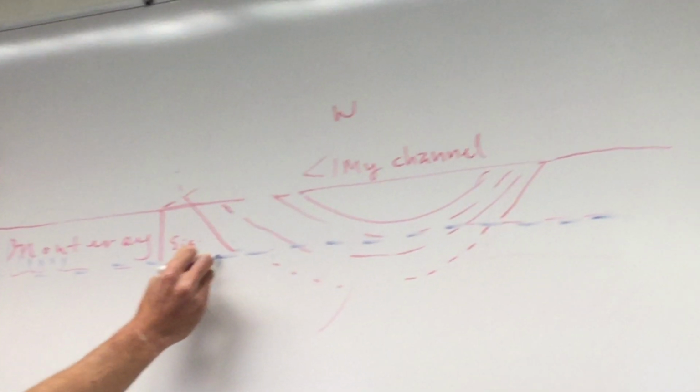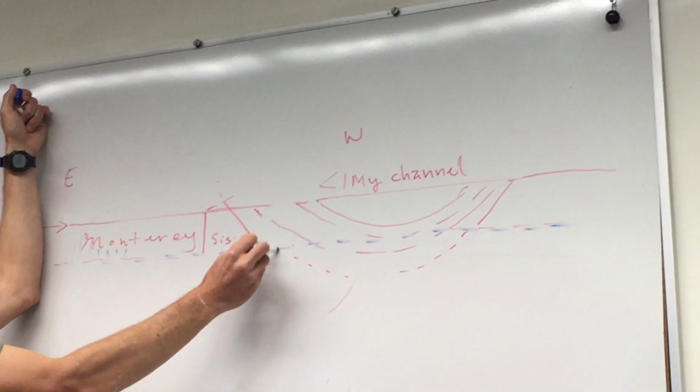And then right before we got to the first tar seep here, we saw a little bit of Sisquoc, the upper portion of the Monterey, and then there was a big tar seep right there. Okay, and then once we saw that first tar seep, we were in these younger rocks, and these were all sediments that formed in a channel less than 1 million years ago, and they were all filled with dikes, sills, and there was just tar everywhere as a mess.